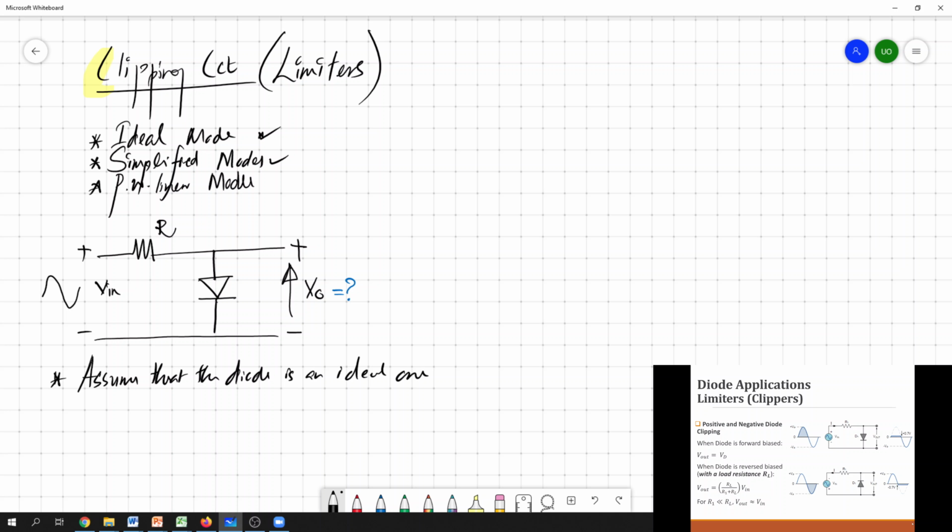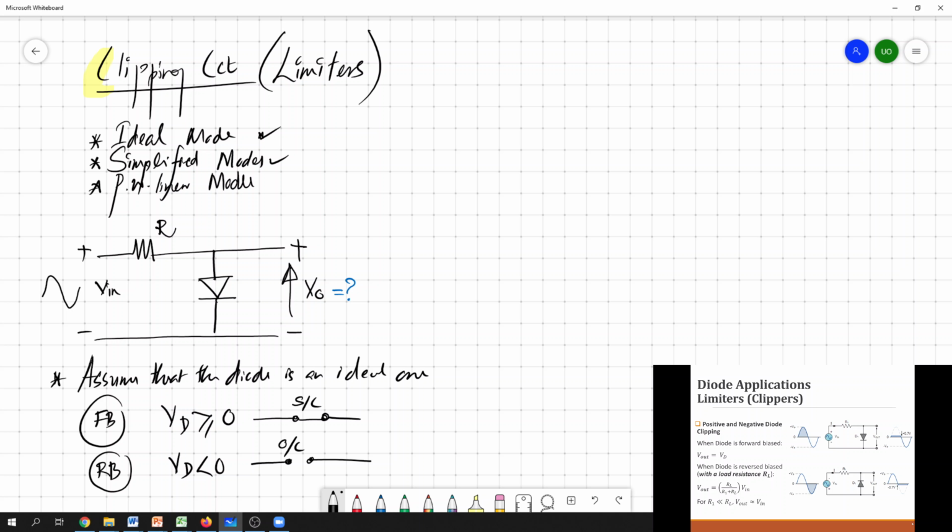For the ideal diode model, if the diode is forward biased, the voltage across the diode should be greater than or equal to 0. If it is reverse biased, the diode voltage should be less than 0. In the forward bias case, we can replace the diode with a short circuit element, and for the reverse bias case we can simply replace the diode with an open circuit element.